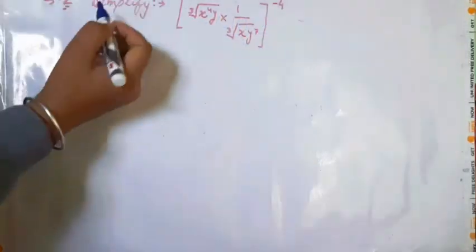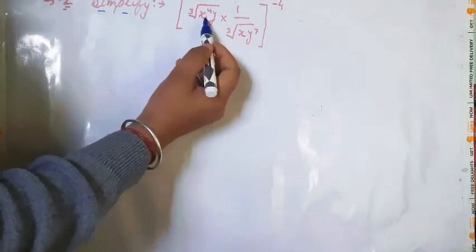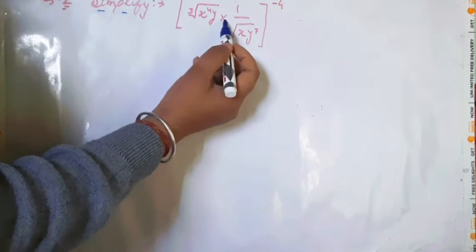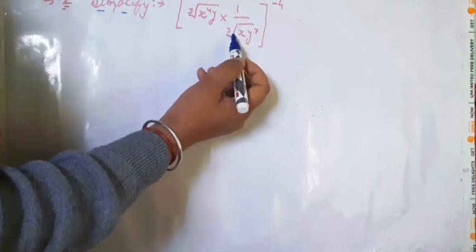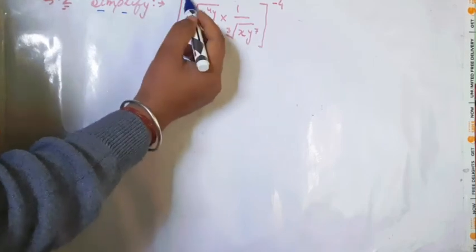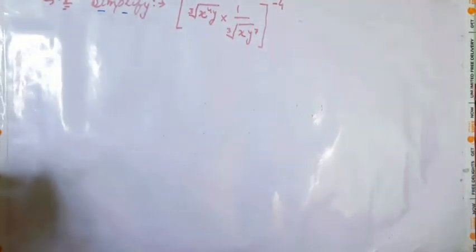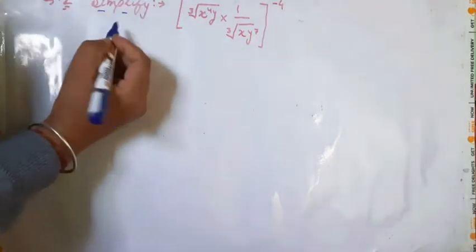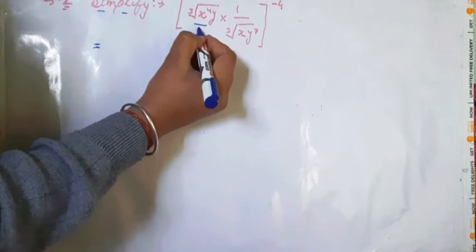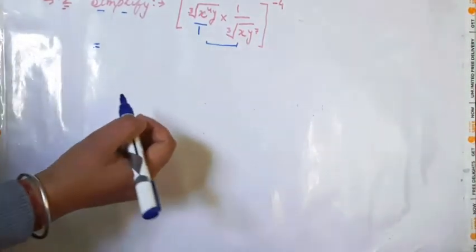The next one is: simplify cube root of x raised to power 4 y, whole multiplied by 1 upon cube root of x multiplied by y raised to power 7, and whole raised to power minus 4. Now how to simplify it? First of all, let us multiply these two expressions inside the bracket itself.